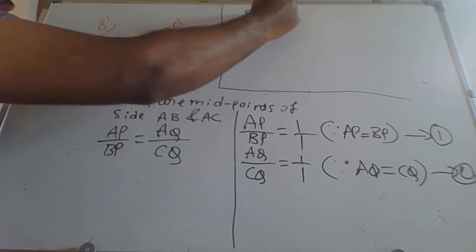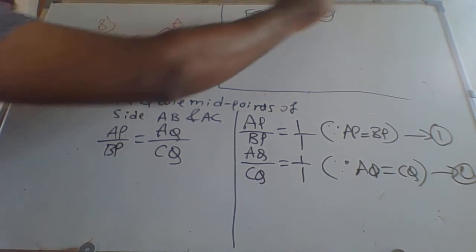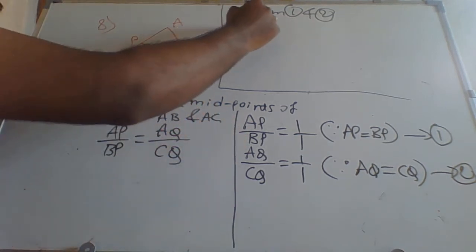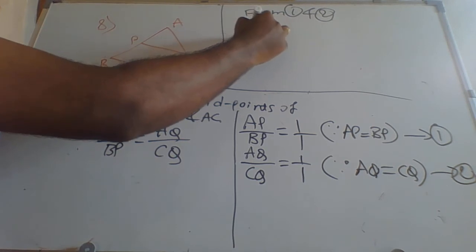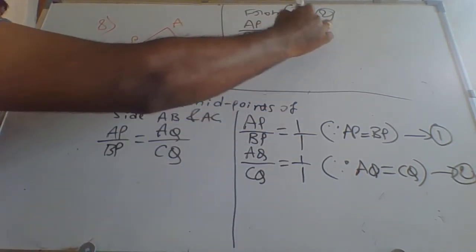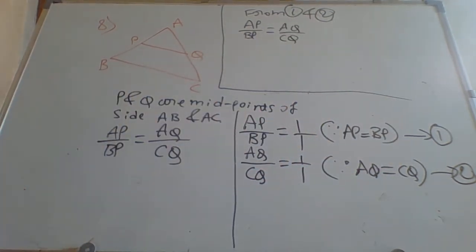AP by BP is equal to AQ by CQ, because in both cases we got 1 by 1 only.